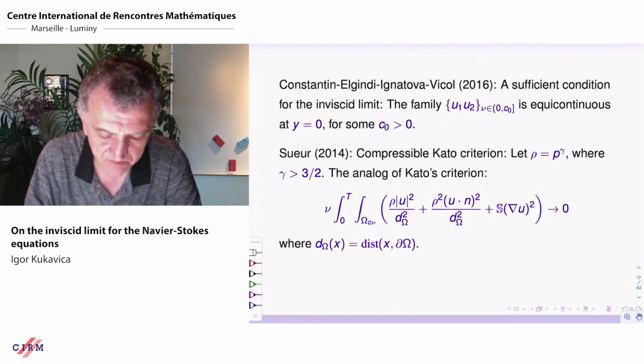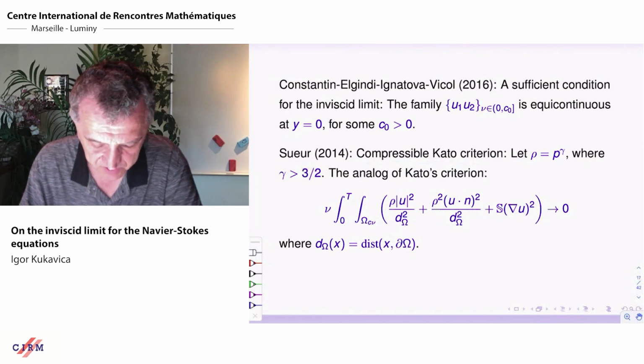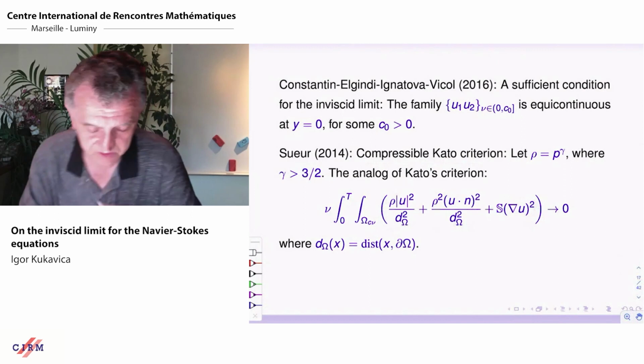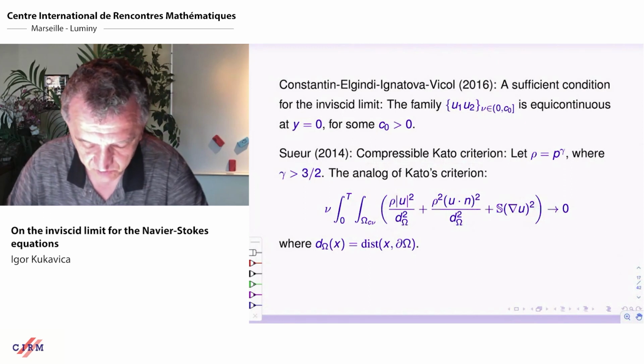And there is also a compressible criterion, which is a little bit more complicated, due to Sun, which says, so here we have the same quantity, but then we also have to send two other quantities to 0. So it's a little bit more complicated, but in the same spirit. So for compressible, the question is supposedly harder.